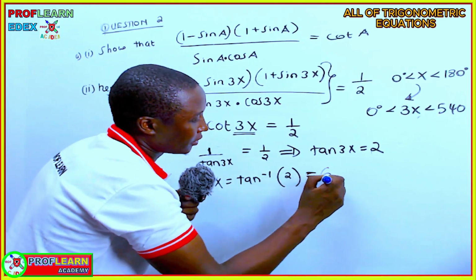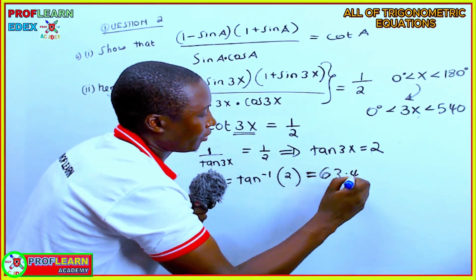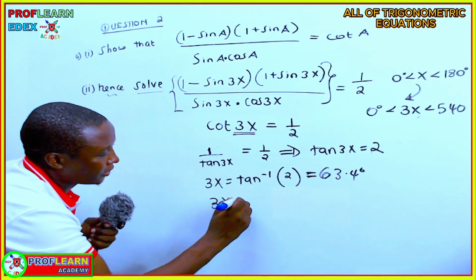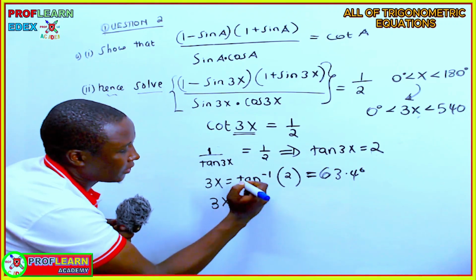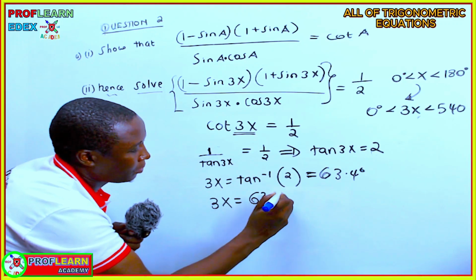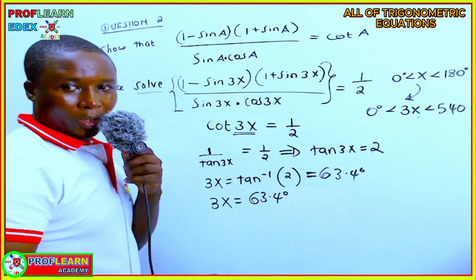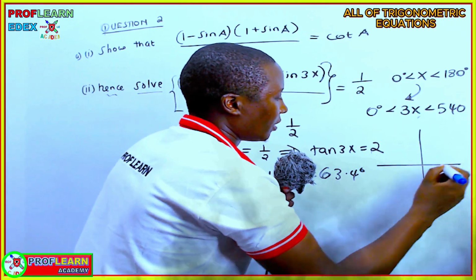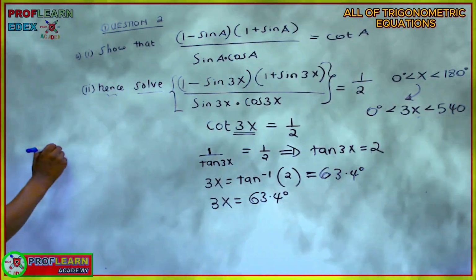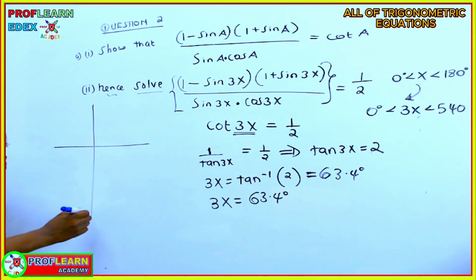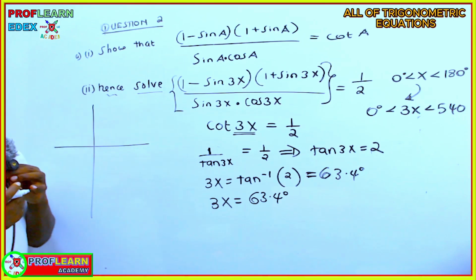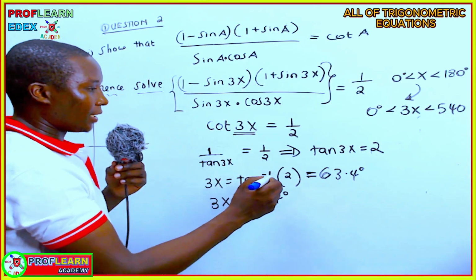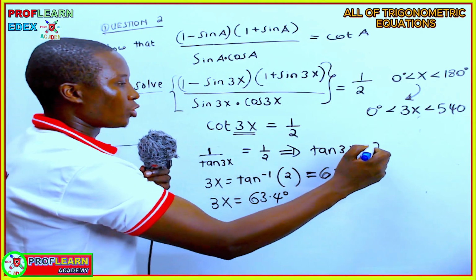So 3x, the first angle, is 63.4 degrees. We want to find this set of angles. Now we want to check in which quadrant our angles are going to be. Remember we are saying tan 3x equals 2.